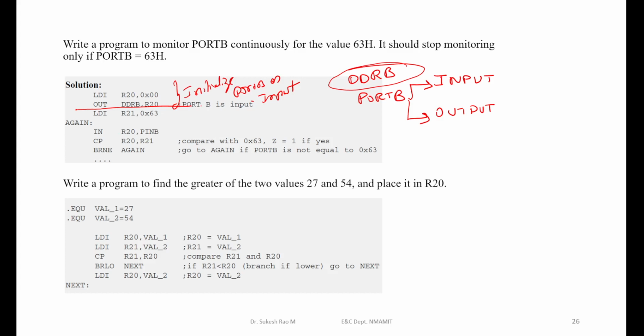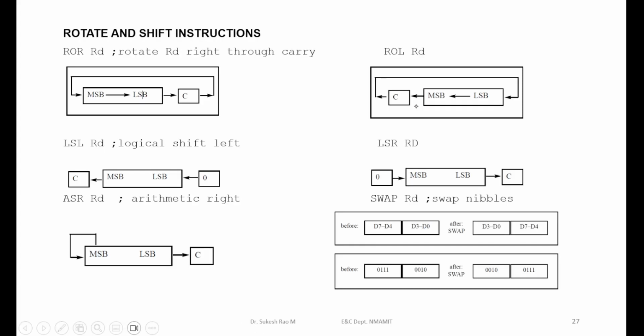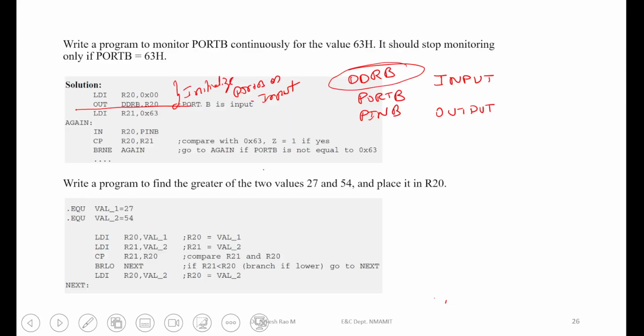Pin B is actually the input register. So port B has pin B. So this is going to be the input and this is going to be the output.